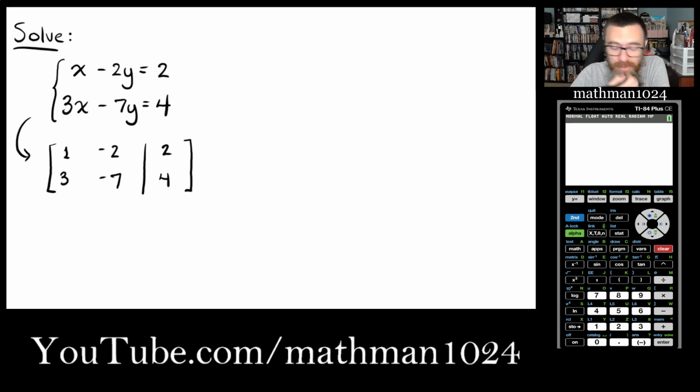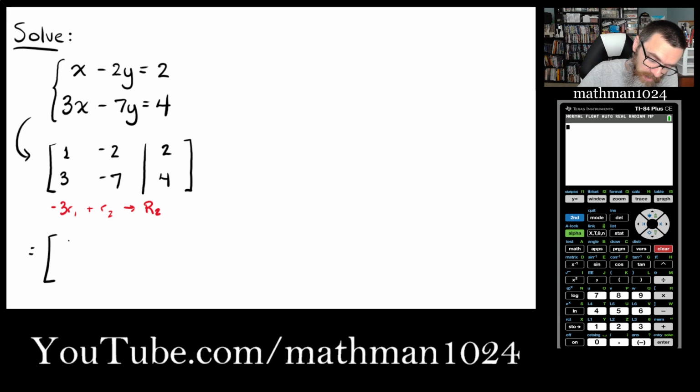So then here's what I'm going to do. I'm going to do -3 times this first row, add it to the second row, and replace the second row with that. So this is how we write out what we're doing. We do the steps, and then we actually perform the algebra for this. The first row does not change, so we're just going to write that down.